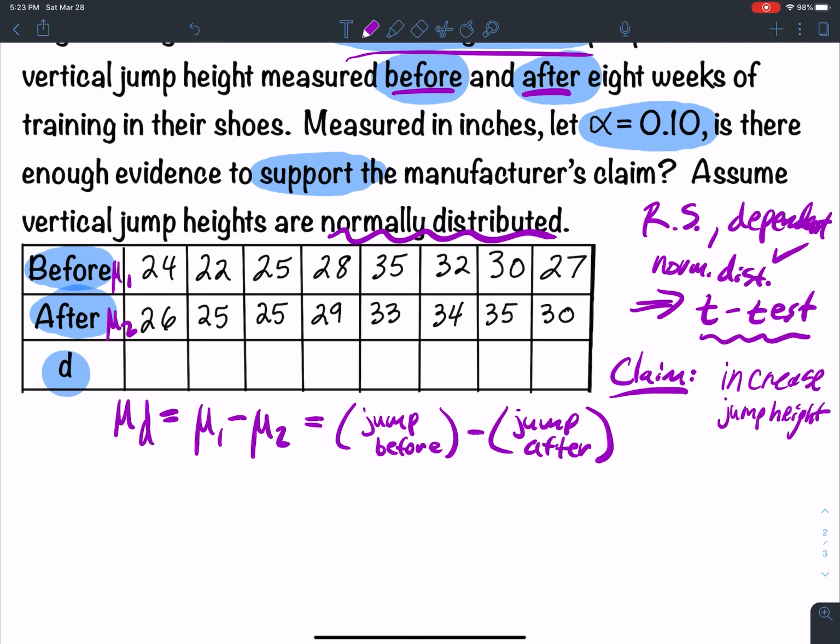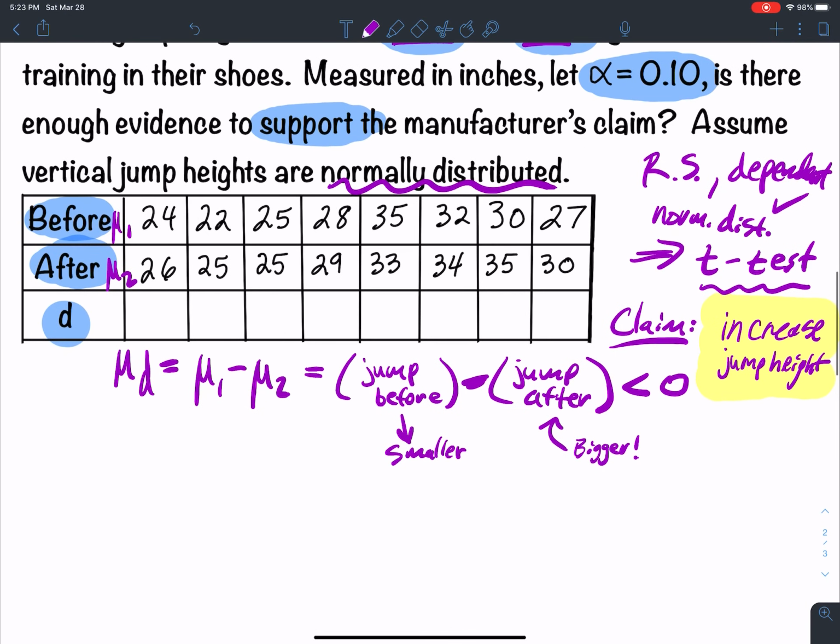If I'm trying to increase my jump height through the training session with the shoes or whatever it is that's going to increase my vertical, I would want the after number to be bigger. If the after number is bigger than the before, and I'm subtracting it, then this whole thing should be, my claim says it should be negative.